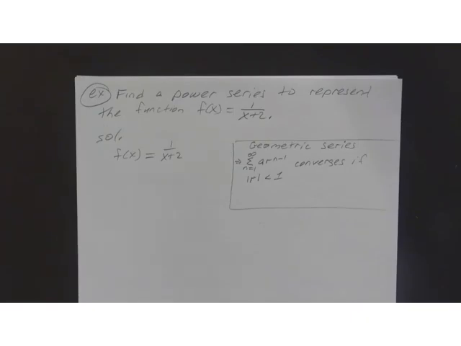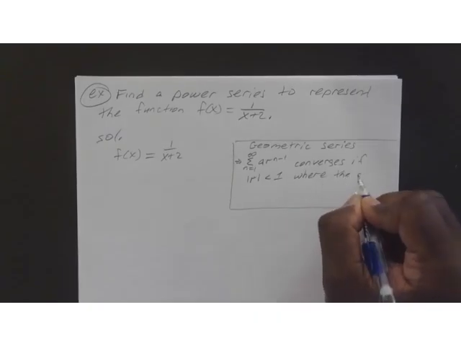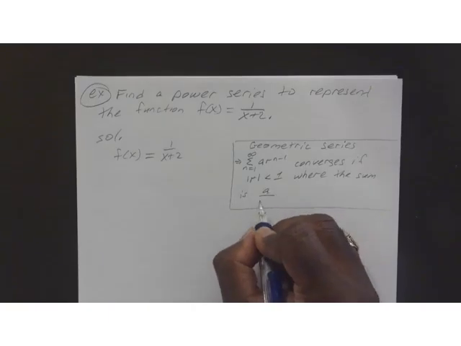And if it converges, we know that the sum is a divided by 1 minus r.